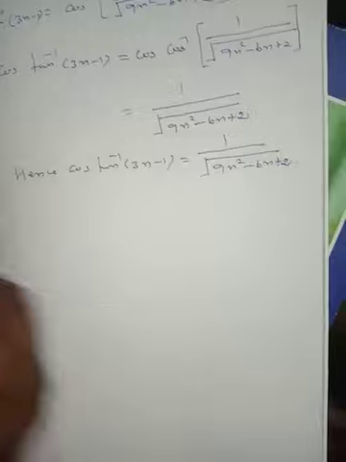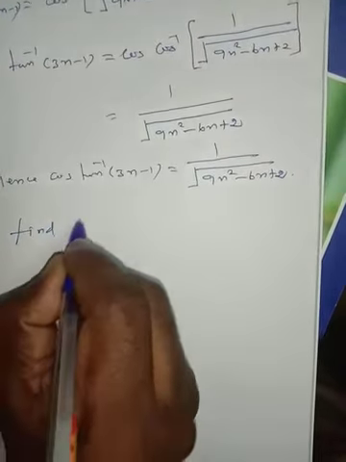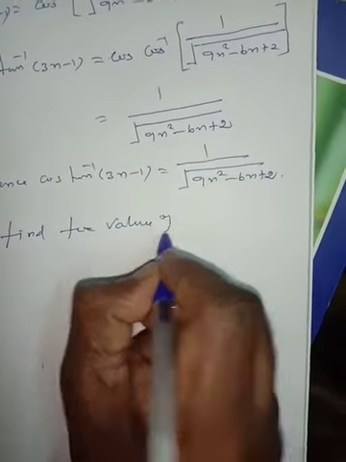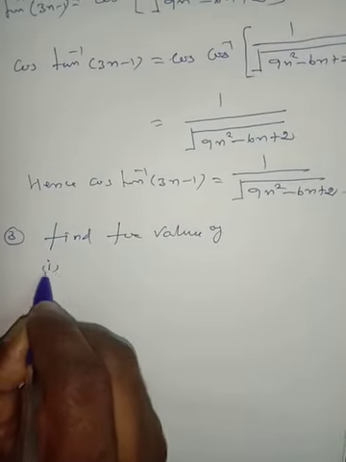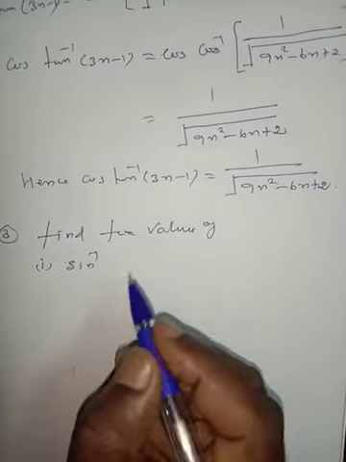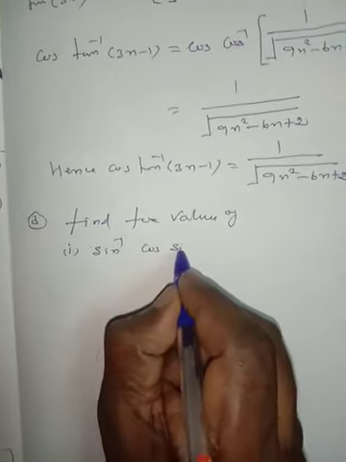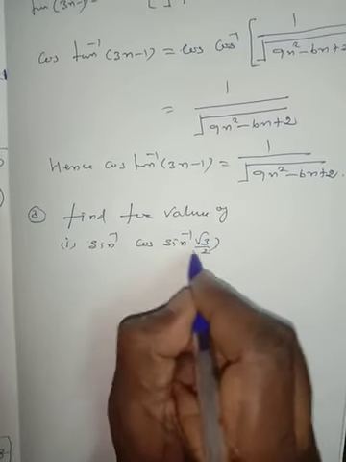Find the value of number 1, sine inverse of cos of sine inverse of root 3 divided by 2. There are 3 terms.